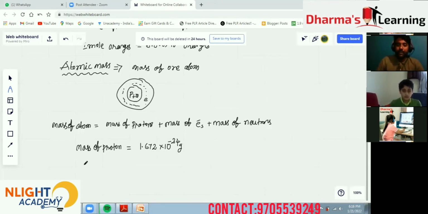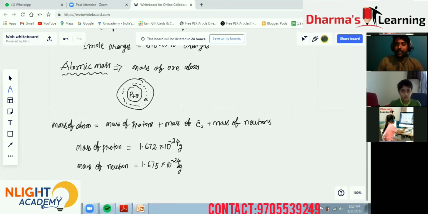So mass of neutron is almost the same as the mass of proton, only a little bit different. Look at here. Here we have written 1.672. Here we are going to write 1.675 into 10 to the power of minus 24 grams.